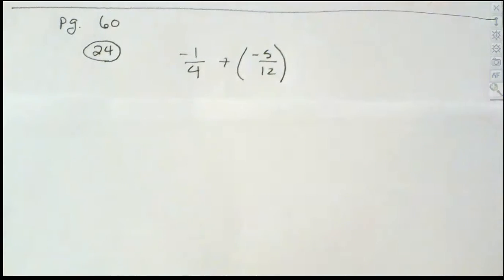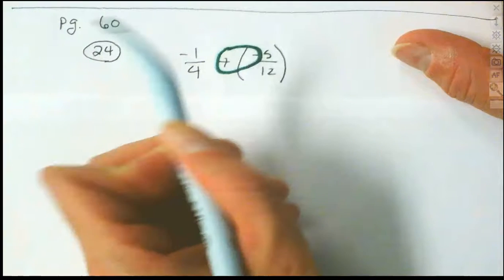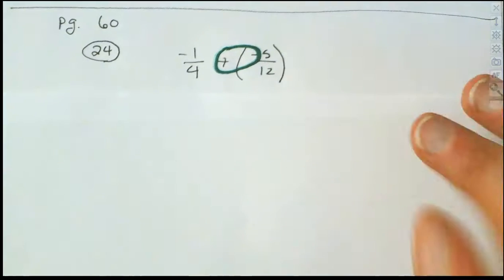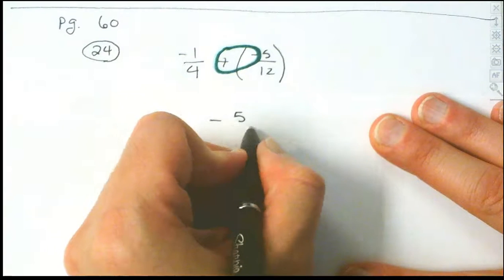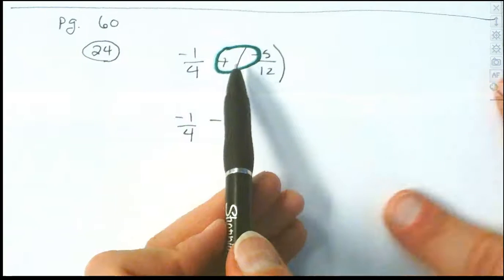So what we've got here is a positive and a negative, and they're multiplied together. So positive times a negative is going to keep that sign now negative. Is everyone okay with that?